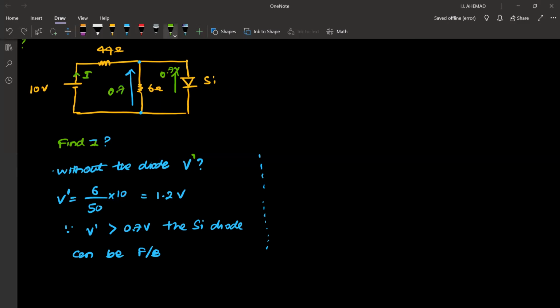Here let's consider silicon as 0.6. We mentioned in a note that it will vary between 0.6 and 0.7 depending on the doping. So let's say this is 0.6, then our calculations will be easy. So here the drop is 0.6, so here also it will be 0.6. Then across this it is going to be 9.4.